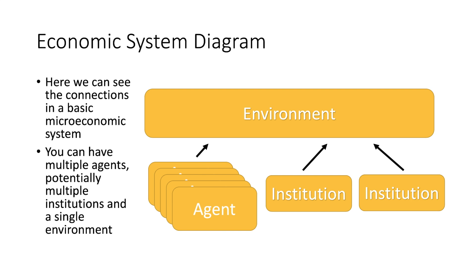One thing to note, the direction of the arrows is only indicative of where things belong. So the agents and institutions belong or attach to this particular environment, which might have something to do with, for example, a particular run of an economics experiment. That doesn't mean that that's the only way they can communicate or anything like that. It simply indicates that they're subordinate to the environment.